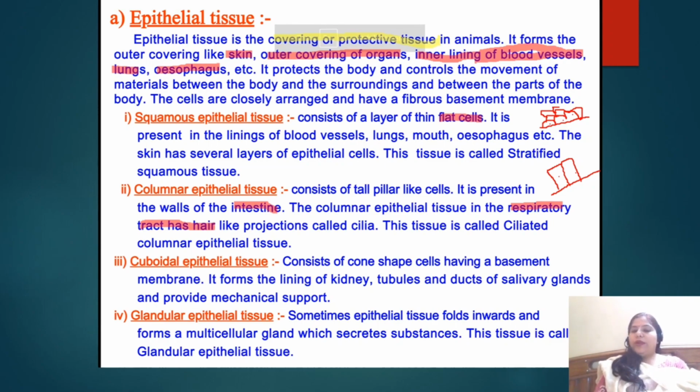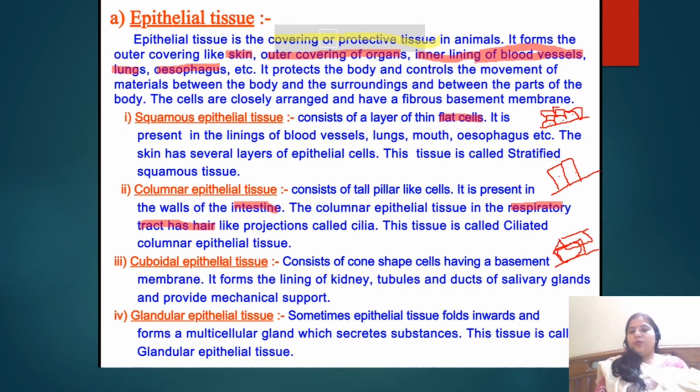Then we have cuboidal tissue. Cuboidal means cube shaped. On one baseline, cuboidal shaped cells are present. This is a cube, right?